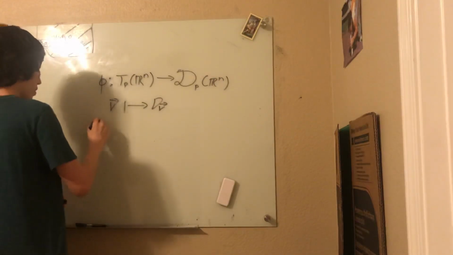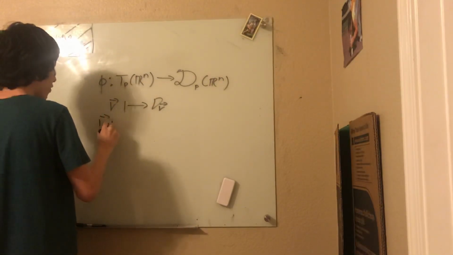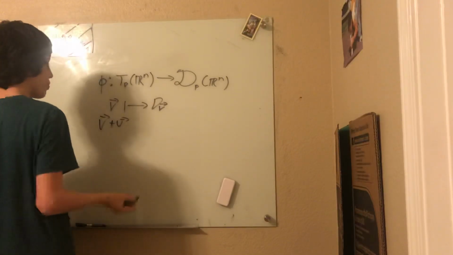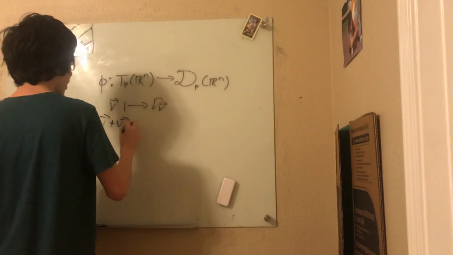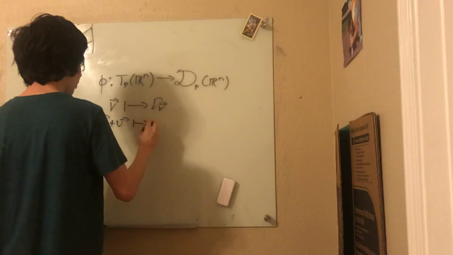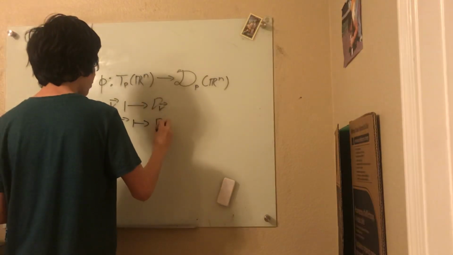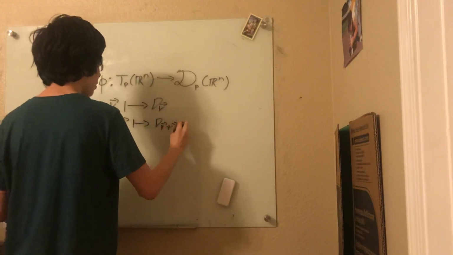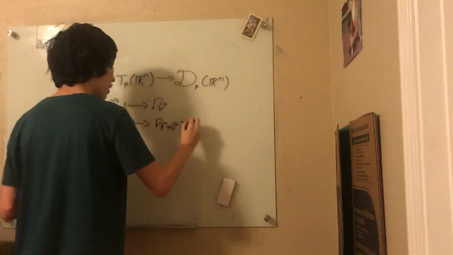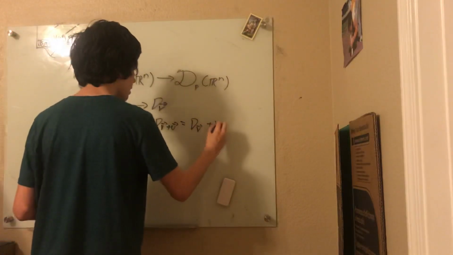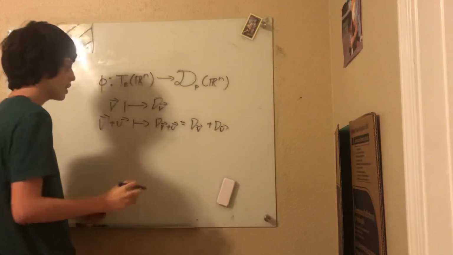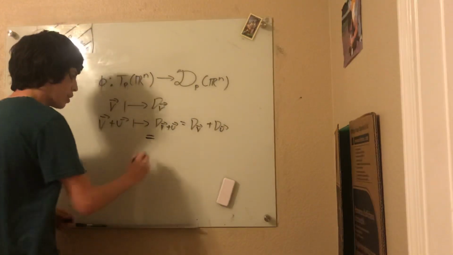First of all, we can easily show that this is a linear mapping. So we have v plus u, which is going to map itself into D of (v plus u), which is just going to be equal to D_v plus D_u.